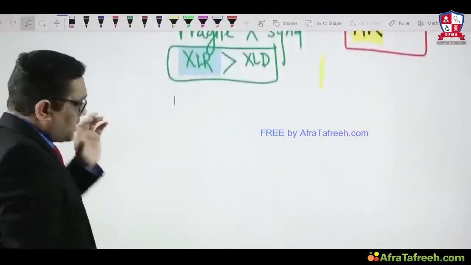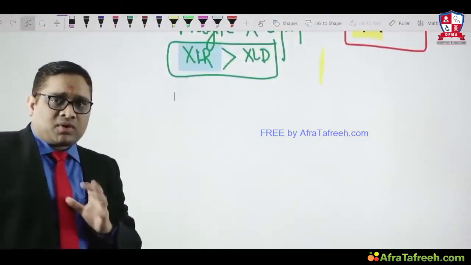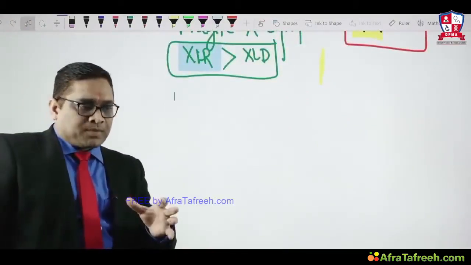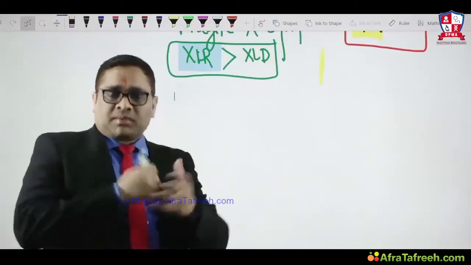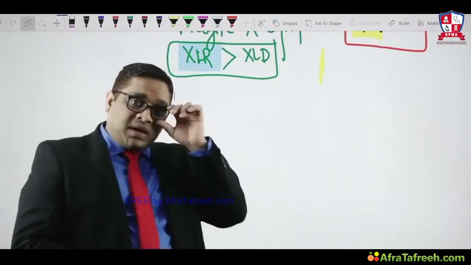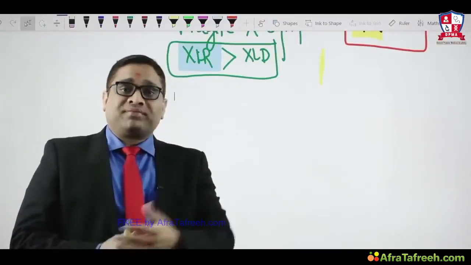So this is about X-linked recessive disorder. Remember, in X-linked recessive disorders, males are commonly affected. Suppose the examiner says only males are affected in a pedigree, then what will be your answer?